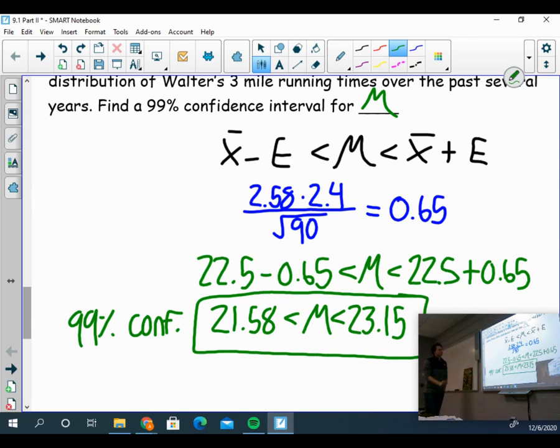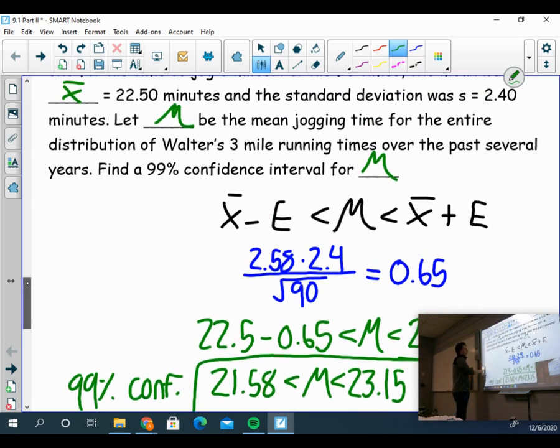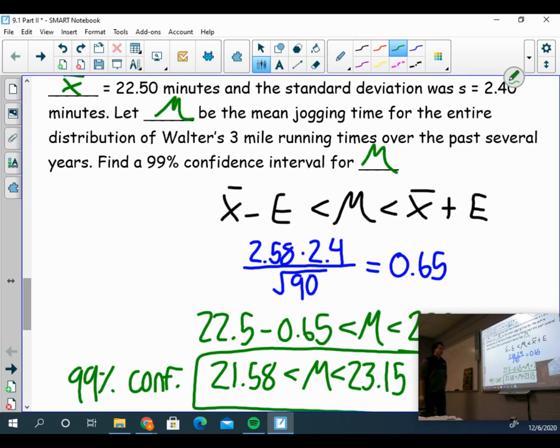We are 99% confident that Walter's 3-mile running times over the past several years, given this sample data, will fall between 21.58 minutes and 23.15 minutes.